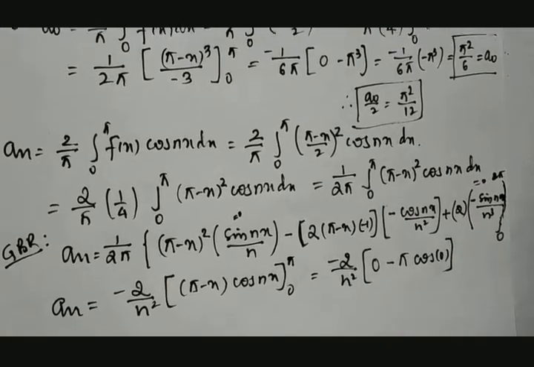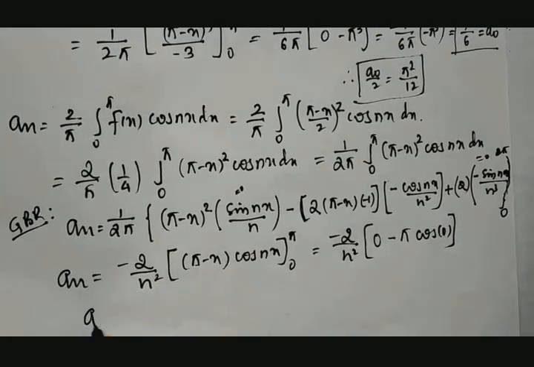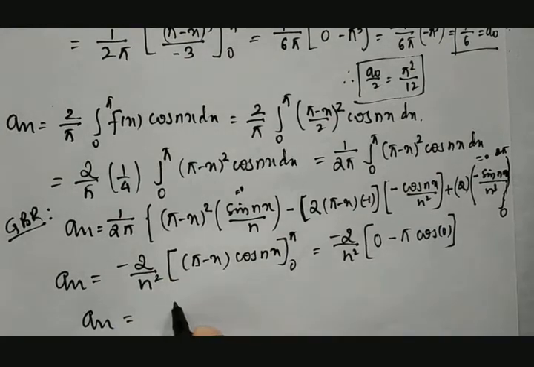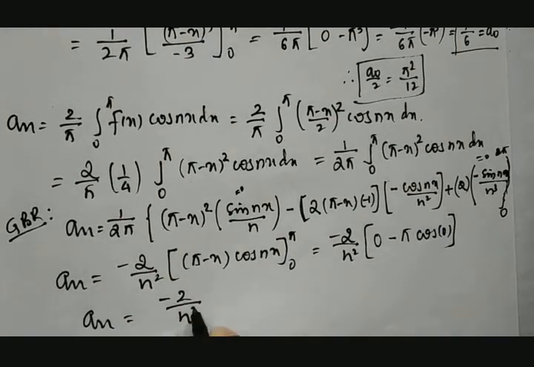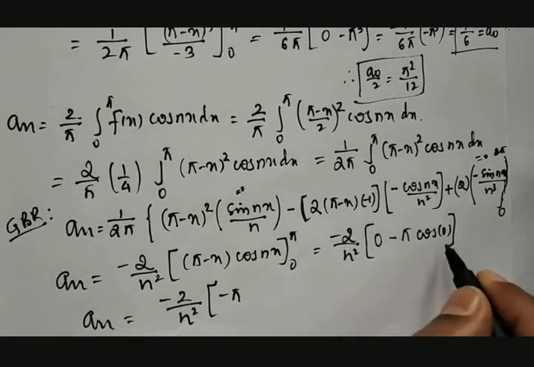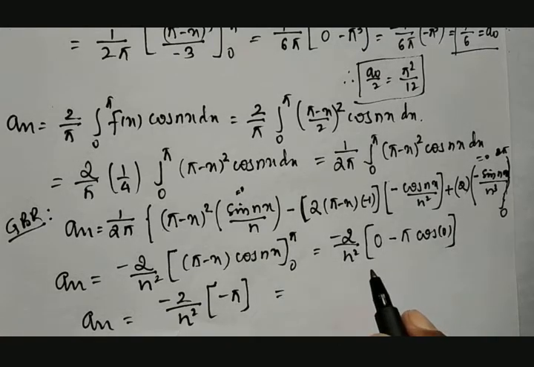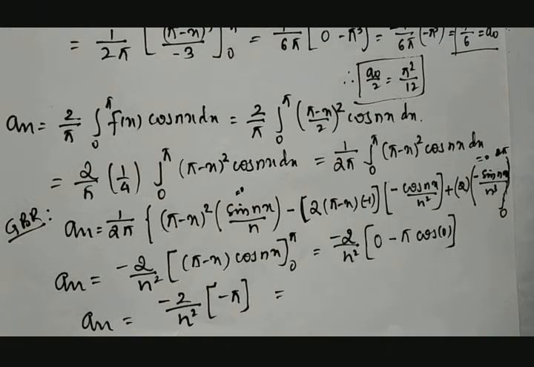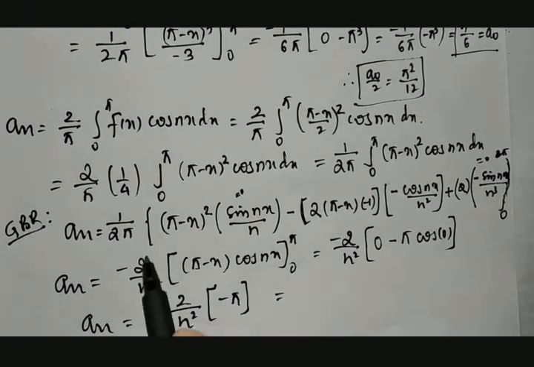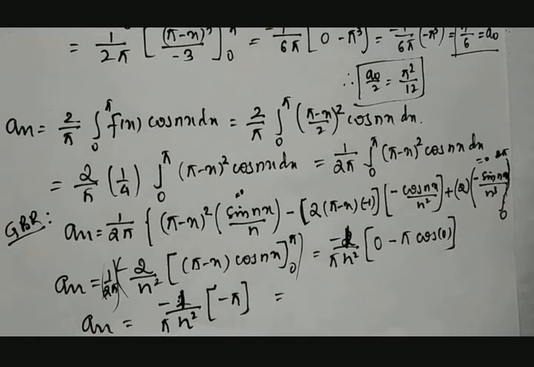Therefore, an is equal to minus 2 divided by n square into minus pi into cos 0 is 1. Therefore, minus of minus will be plus, and from here it is outside minus.